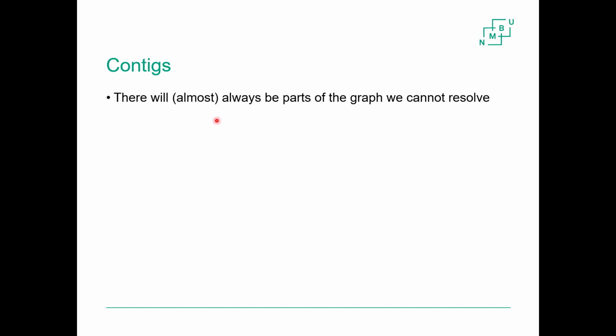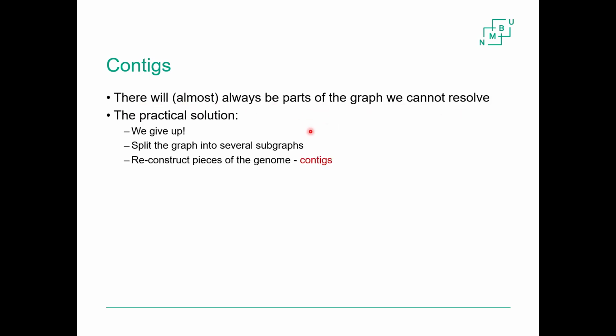Contigs. There will always be some parts of the graph that we cannot resolve. It's not like everything is overlapping with everything, or the graph will not give us the whole genome from start to end. And the practical solution to this is just to give up. Split the graph into several subgraphs and then reconstruct one piece for each subgraph.